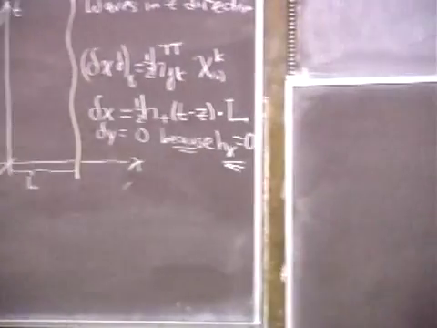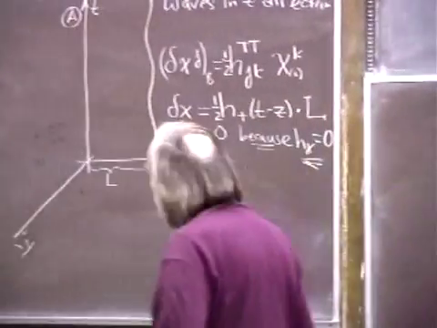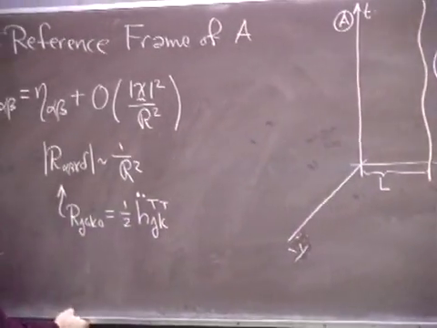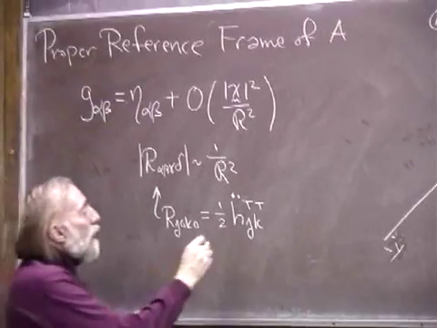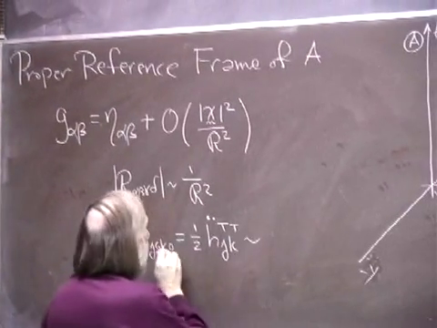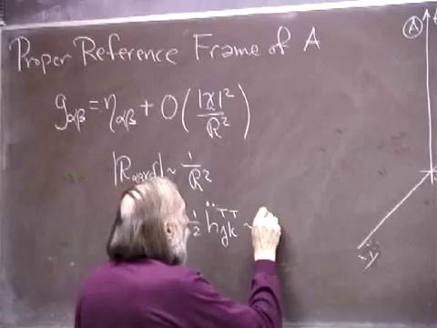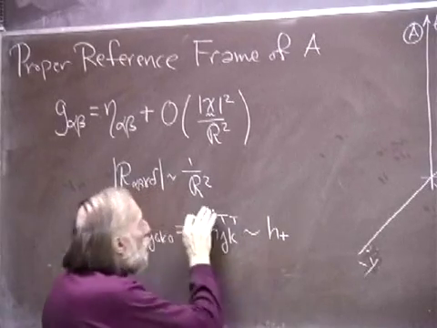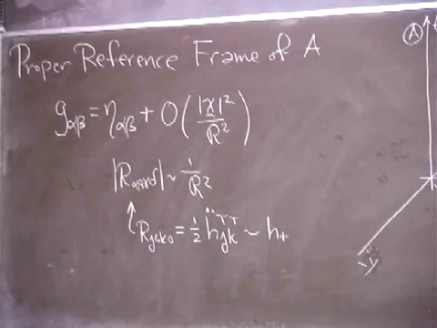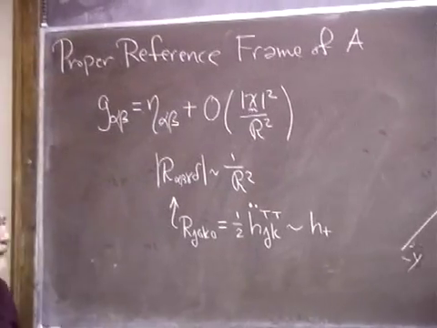Factors of 1/2 I can never get straight. Well, I don't need that factor of 1/2 here necessarily because I only need it in order of magnitude. And so in magnitude, then, this is h_plus with 2 time derivatives, and I've chosen to use units where the speed of light is equal to 1.